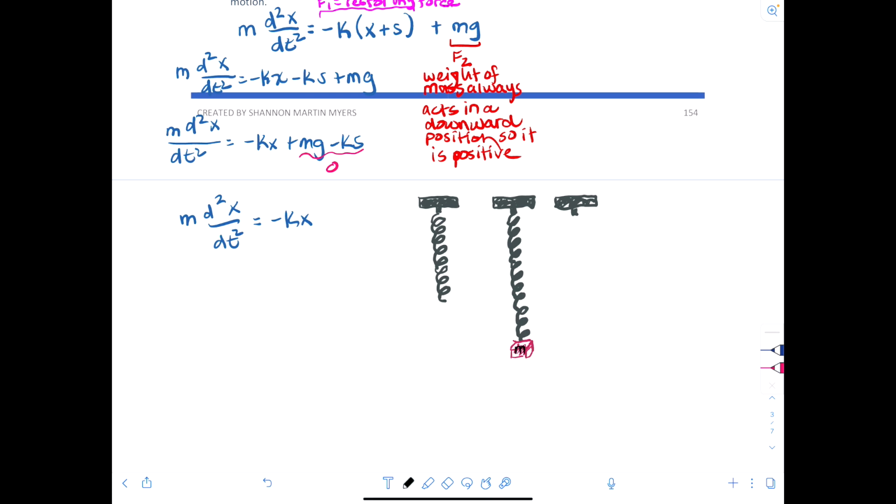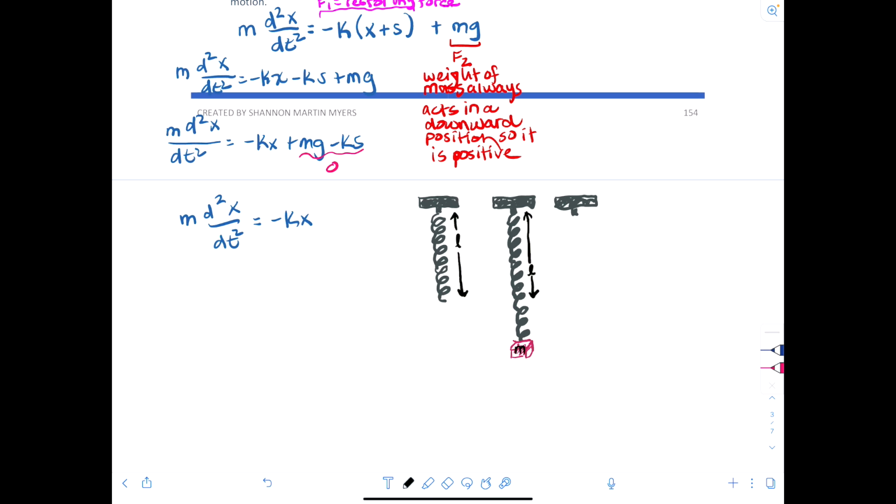And then what we have going on here is that this measure right here is L for the length of the spring. Okay? Now, we still have the length of the spring on the second version, right? So we still have L.